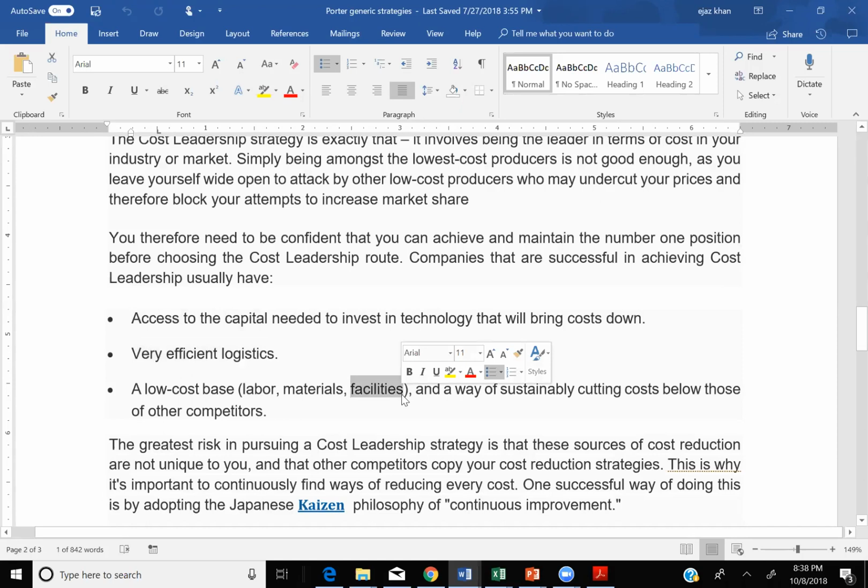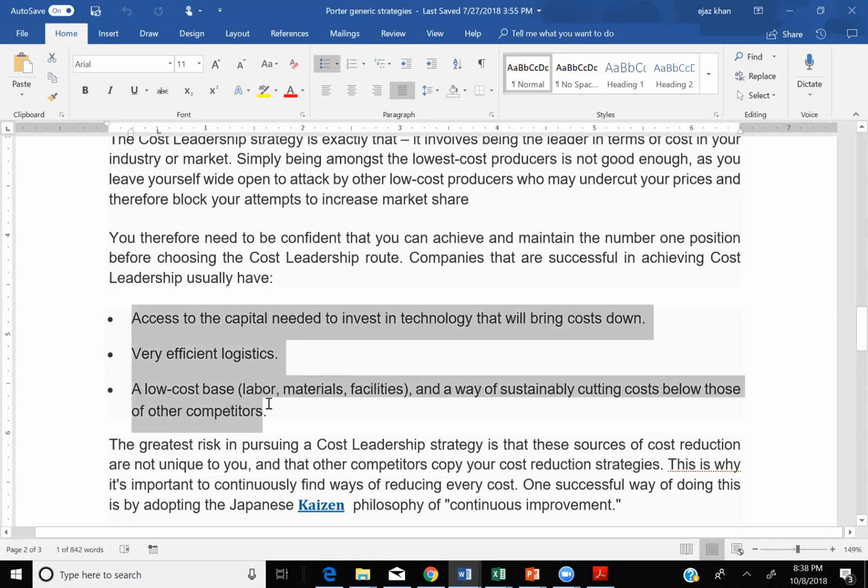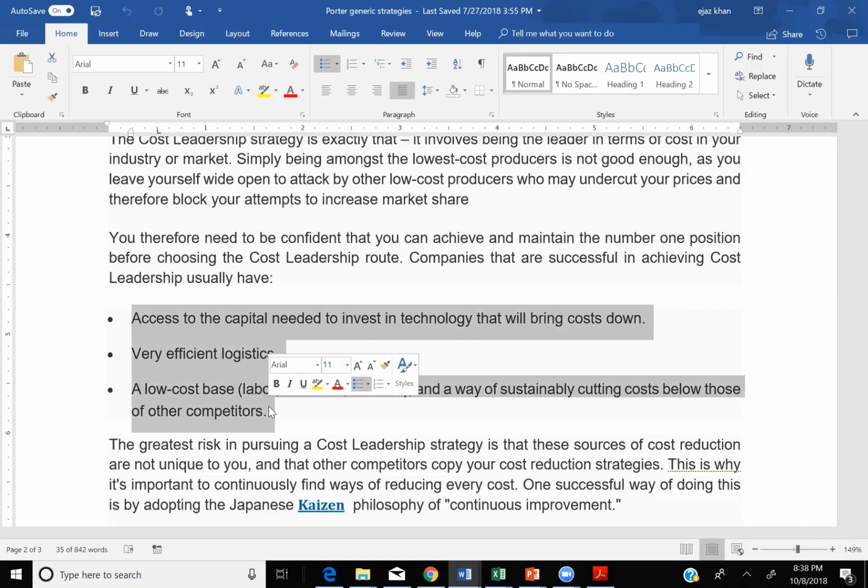The facilities that they use should be low cost. So by and large, if a company has these features, they will be able to apply cost leadership successfully.